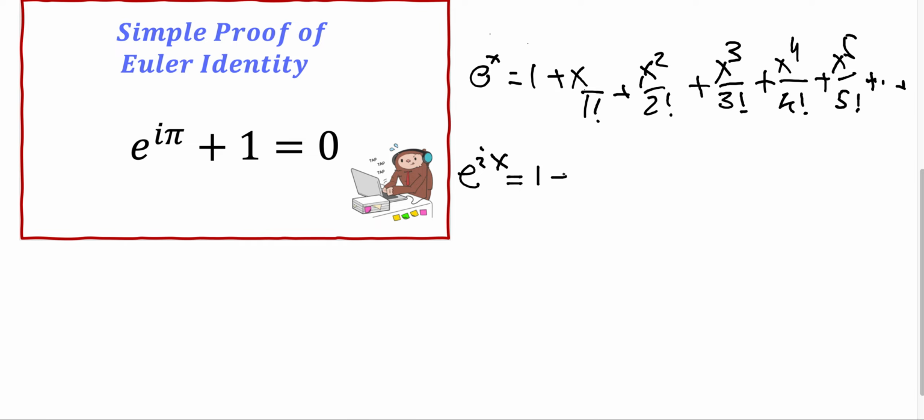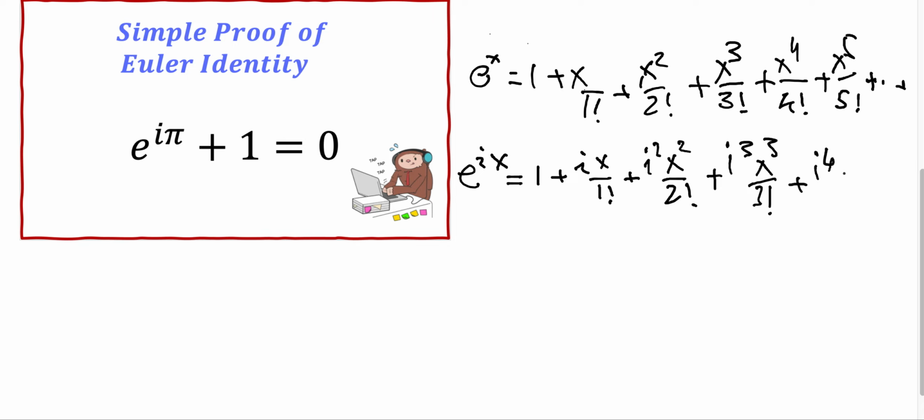1 plus ix over 1 factorial plus i squared x squared over 2 factorial plus i cubed x cubed over 3 factorial. And this equation continues this pattern as I mentioned previously, over 4 factorial plus i to the 5 x to the power 5 over 5 factorial, and goes forever.